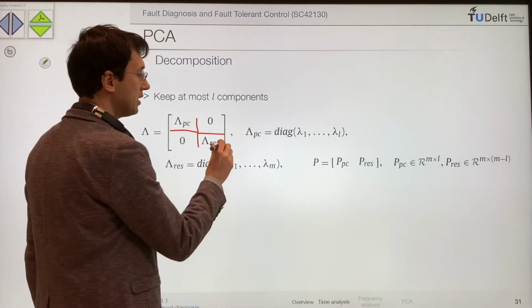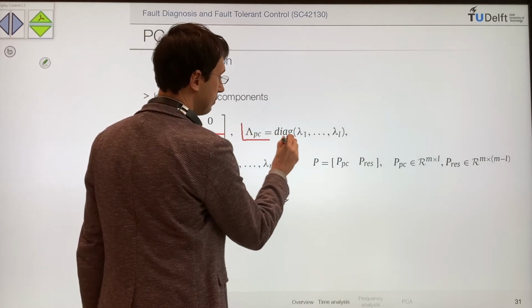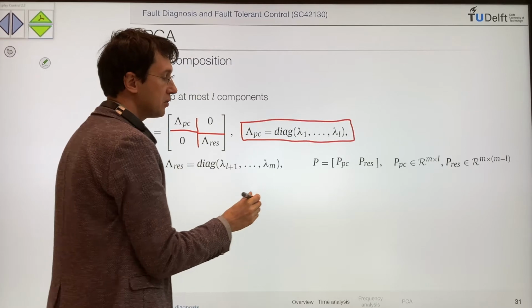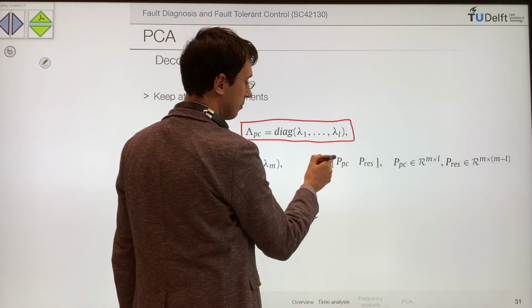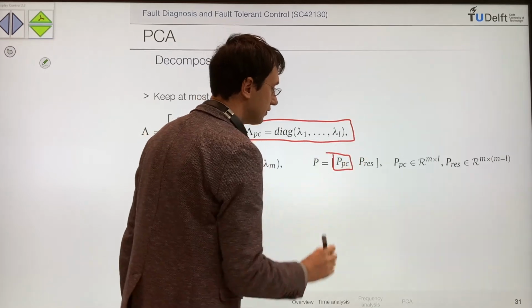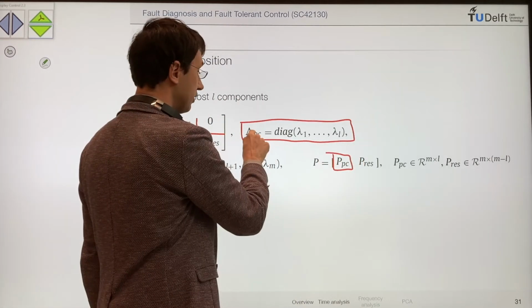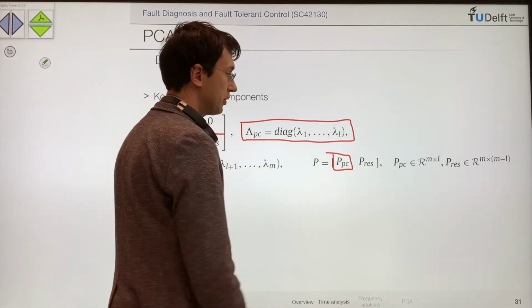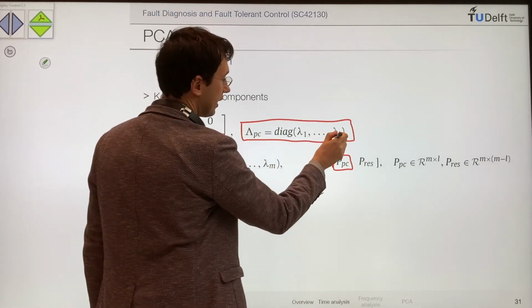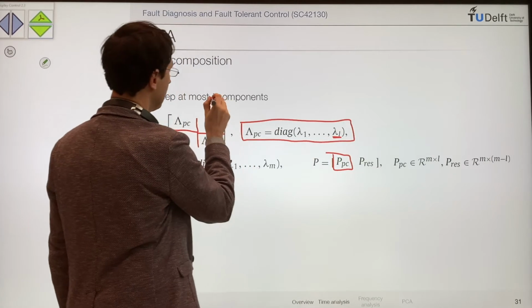Anyway, once you have the big singular values, the principal components, you also split your matrix P into two blocks: one of the singular vectors corresponding to the principal components and one corresponding to the residual. So let us assume that we keep L components.